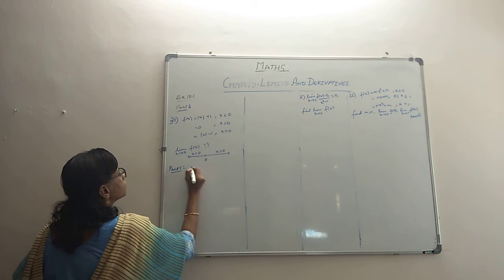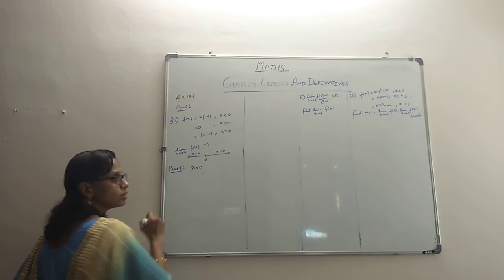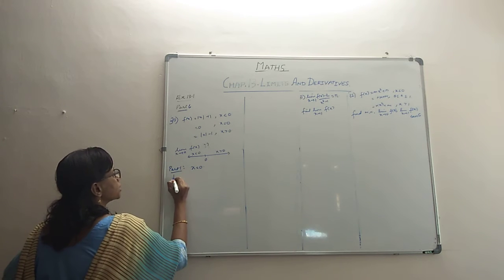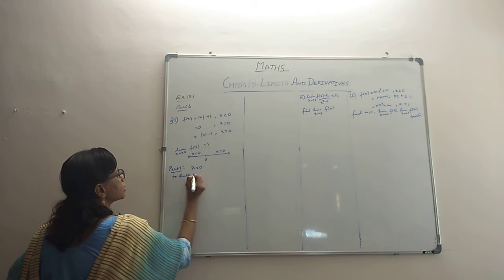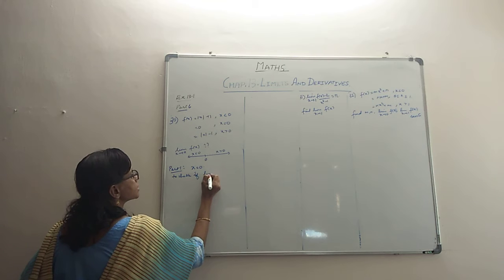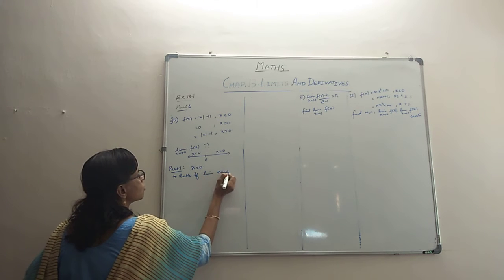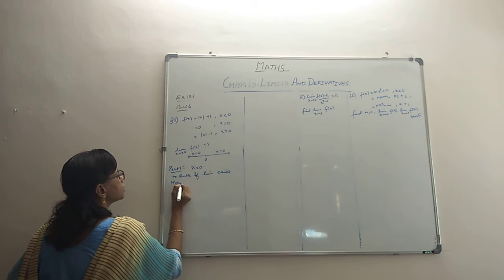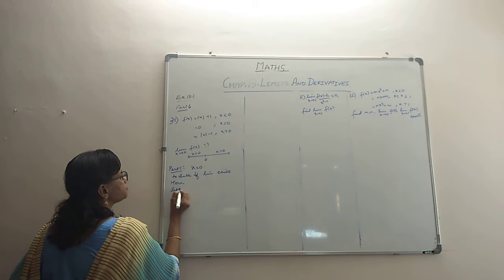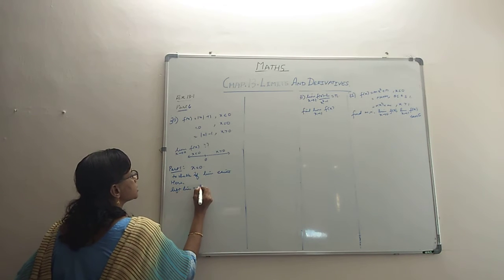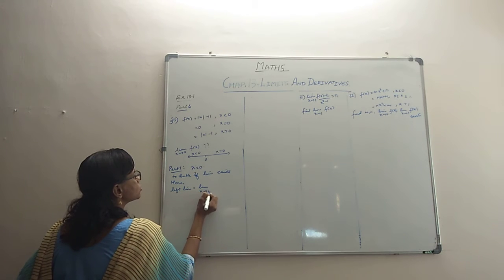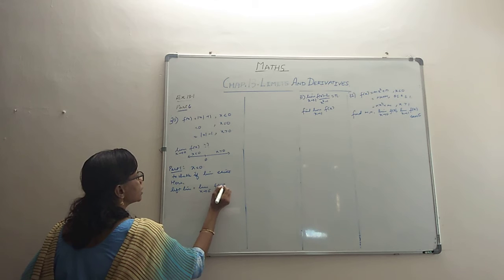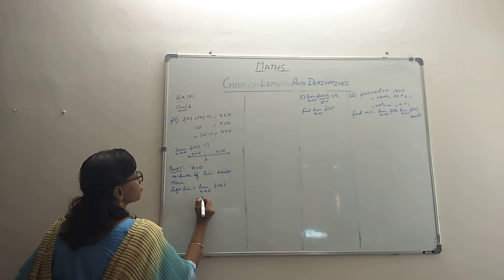Part 1, we are going to take the case where x equal to 0 to check if the limit exists. So we will take the left limit, which is limit as x tends to 0 from the left side of f of x.